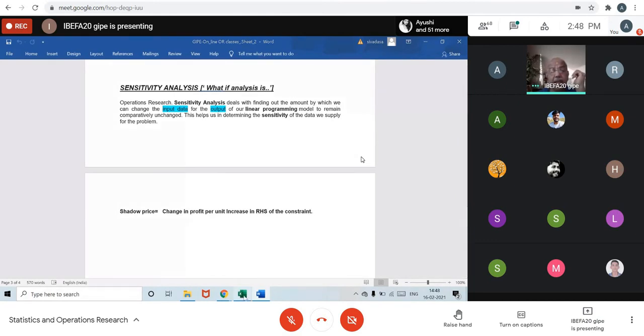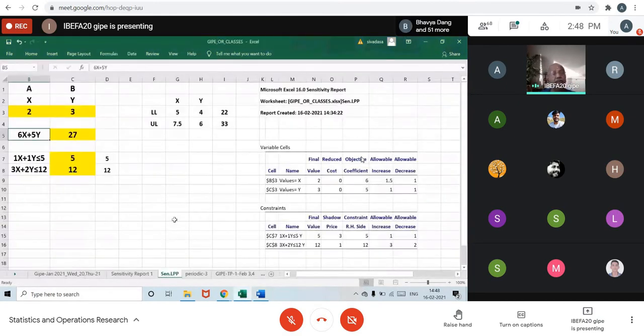That means if you increase this 5, look at the table, if you increase this 5 by 1, it becomes 6. And no change, suppose for the choco, let it be 12.